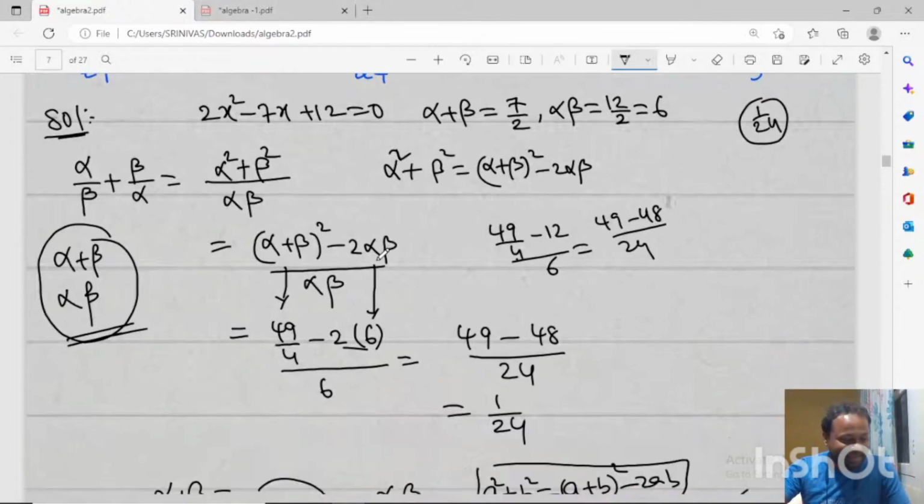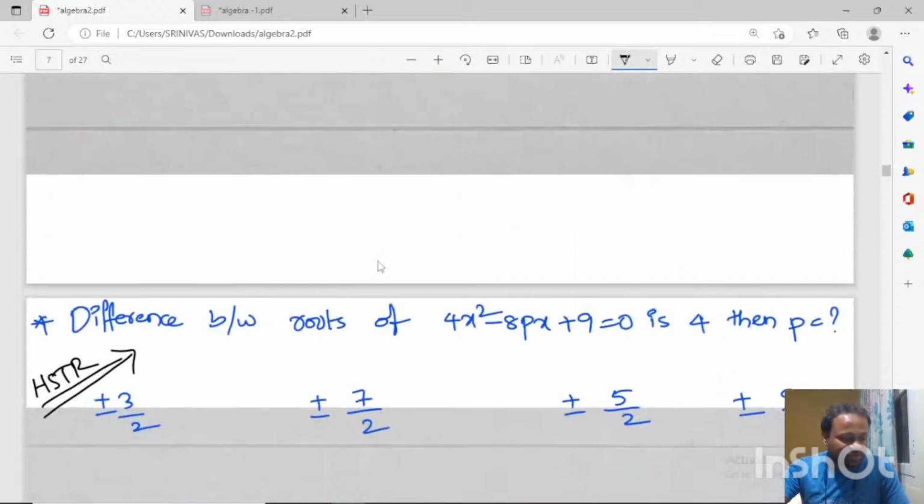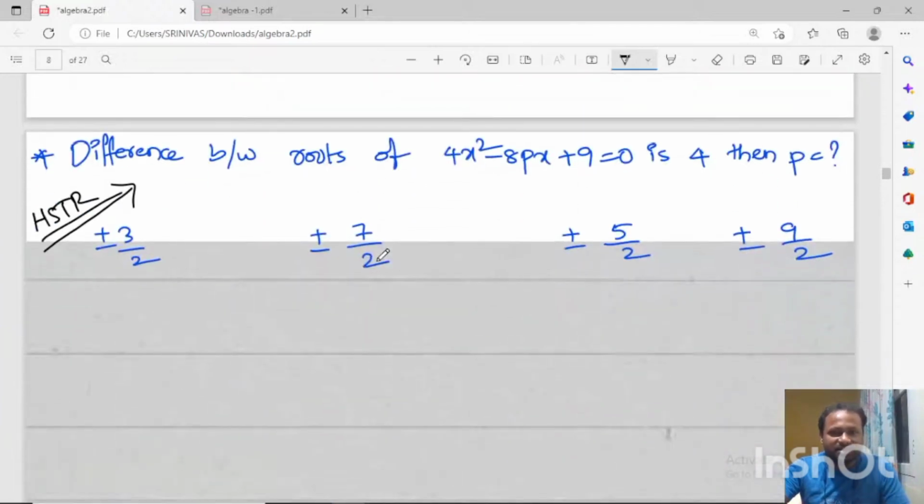Right. Now let me do another one. Yes, this is a previous HSTR question. The difference between the roots of this quadratic equation is 4. Then P is equal to what? This is the question.